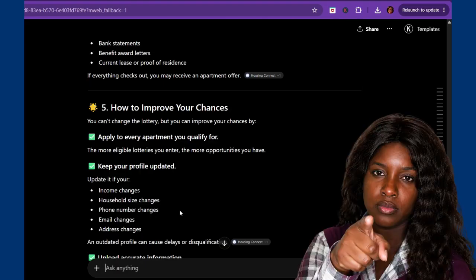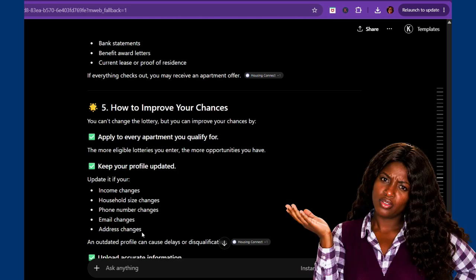They can't go back and change it. So update if your income, household size, phone number, email, or address changes. Make sure, because if they can't get a hold of you, then they can't get a hold of you. You'll be sitting around saying, how come I'm not receiving an email? I'm not getting any updates on the website. No one's contacting me. That's because you're not doing your part.